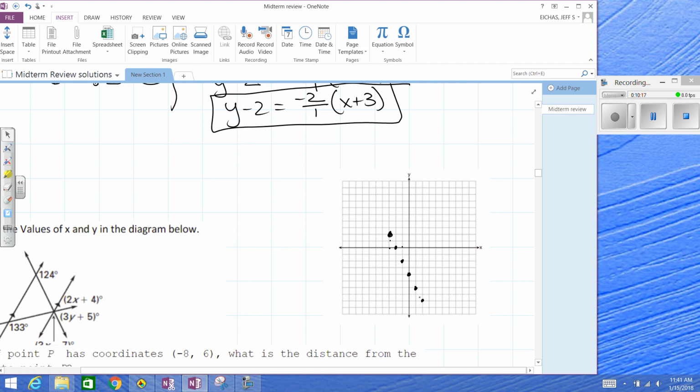Okay, and what that does is it gives us a y-intercept of 1, 2, 3, 4, -4. So an equivalent equation would be this. And if we distributed and did all that stuff, you would see that they are equivalent equations.